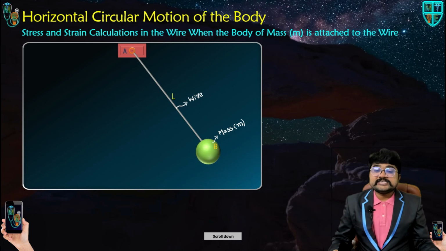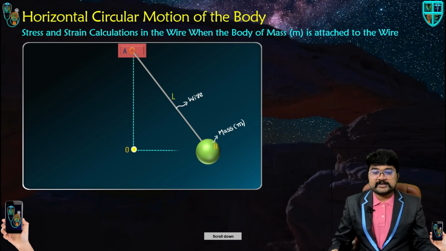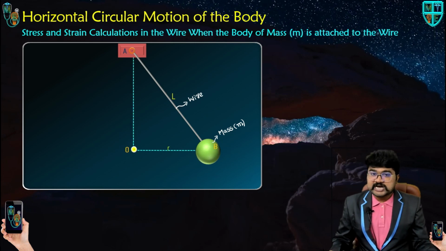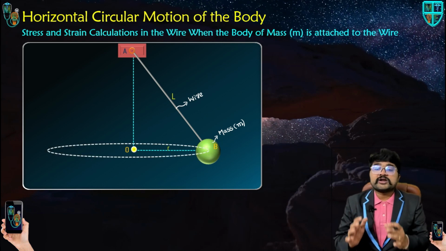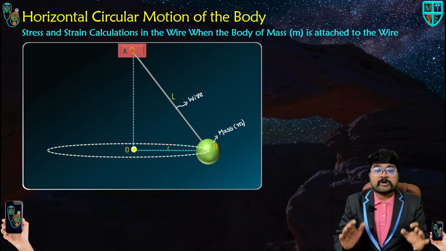This body is in circular motion. The radius of circular motion is R. We can call it horizontal circular motion of the body.